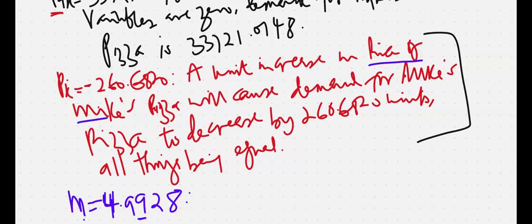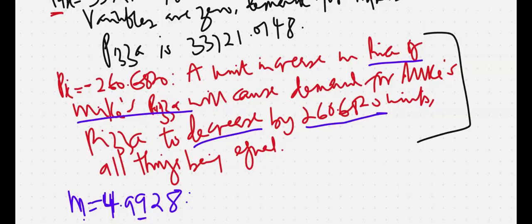Then the word decrease will change, because the consumer income has a positive coefficient, so you cannot say it is decreased by. You only have to say it's increased by. Then this figure is going to change. In all the interpretations, the only terms to change are what I've underlined in the PX.